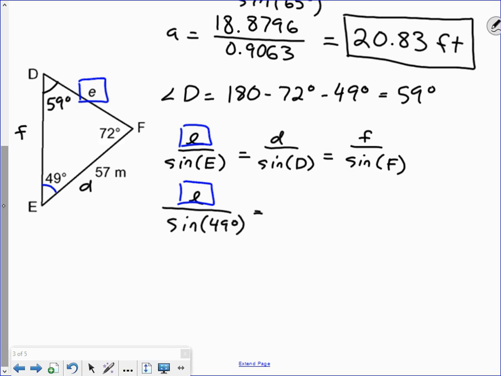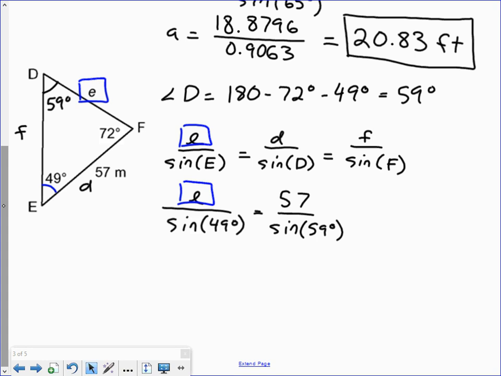Side D is 57 meters, and angle D is 59 degrees. All right. And then I don't even have to go any further than this because already I can see that I have enough to solve for angle E. I know side E. I've got the denominator, sine 49, and I've got this other ratio where I know both the side and the angle.